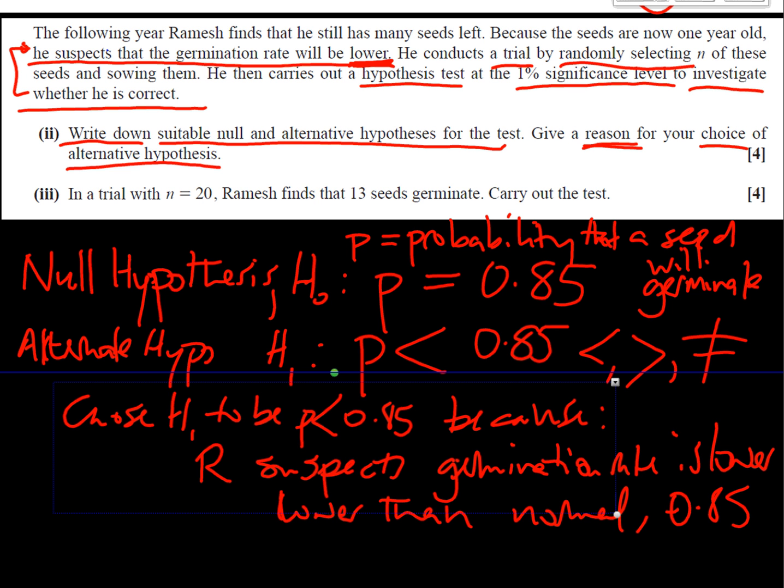So if we put those two bits together, we're going to have the probability that it's less than 0.85. So that's the first part, and for that we're going to get 4 points.